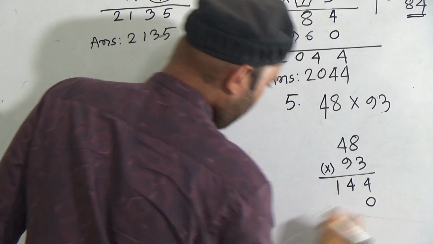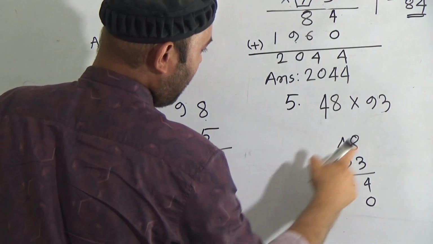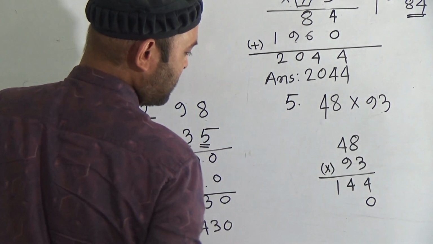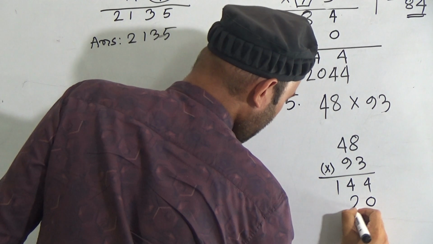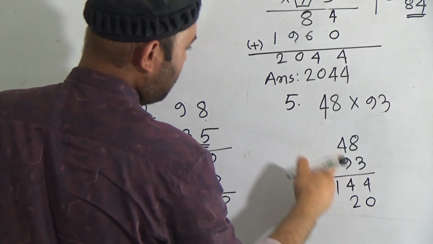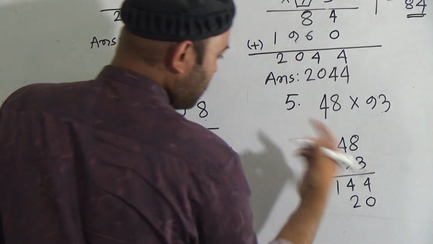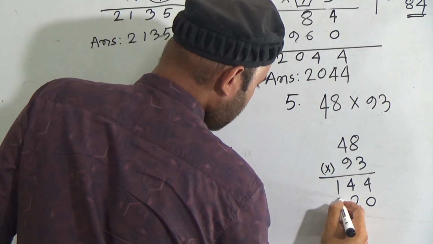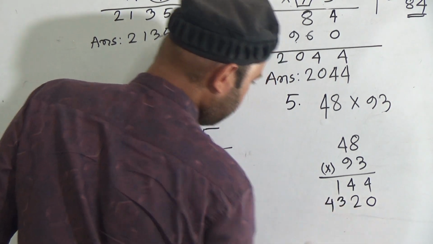Then start from 0 at the ones place. 9 and 8, 9 8s are 72, 2 is here and carry 7, 9 4s are 36, 36 and 7, it will be 43.